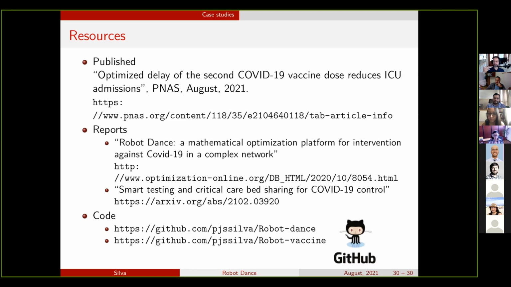But the dance I wanted to do was a dance that looks like contact tracing. So we do a hammer and you move the number of sick people to a very low level. So stay one month, everyone stay at home. And then you get a very low number of people. Since the number of sick people is small, you might have the possibility of thinking about doing contact tracing.